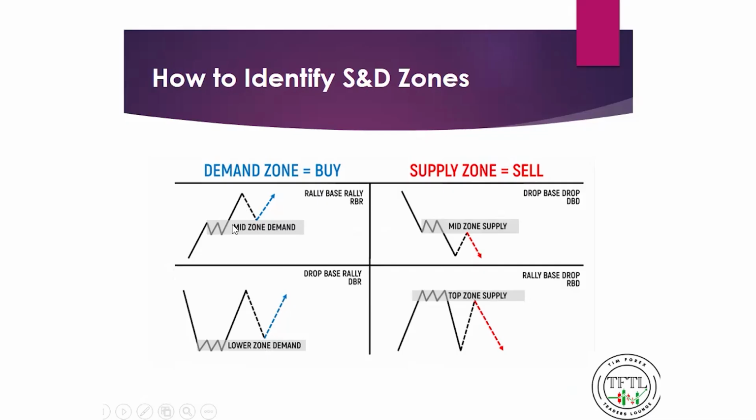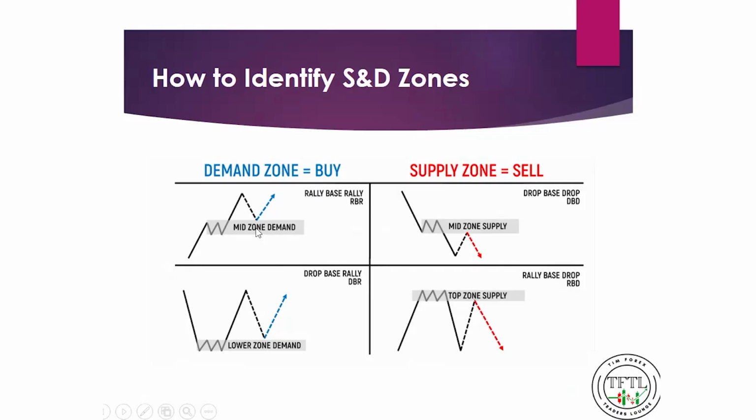As well, we can have a mid demand zone. This is when we have a trending market. We see the price rally, then we have a base, and then we have a rally, and therefore we anticipate that when the price comes back to this mid demand zone, the rally will continue. However, when you're trading the mid demand zone, it is important to be aware of the premium and discount levels.